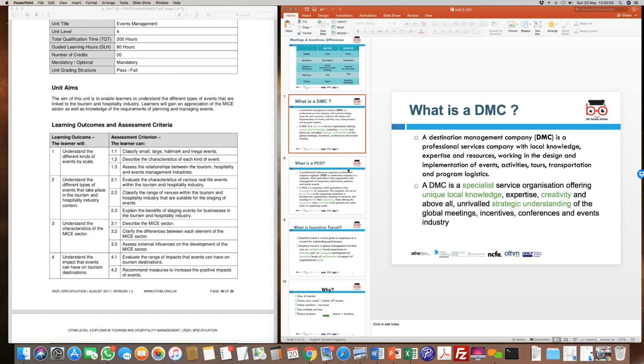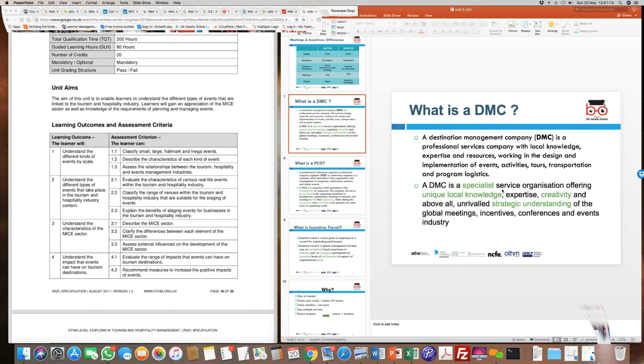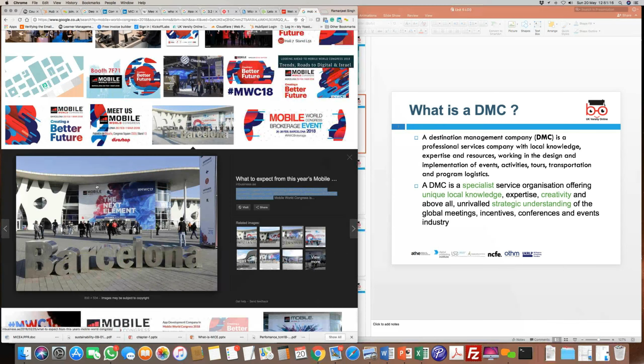So these are very large companies which do events management to a certain extent. I wouldn't probably say events management, but yes, they are able to pretty much project manage your participation in a particular type of event if it is to be classified under MICE. So when you look at Mobile World Congress, if I bring that website up again, and look at some of these programs which are created, these are created by contractors or companies which are called DMCs.